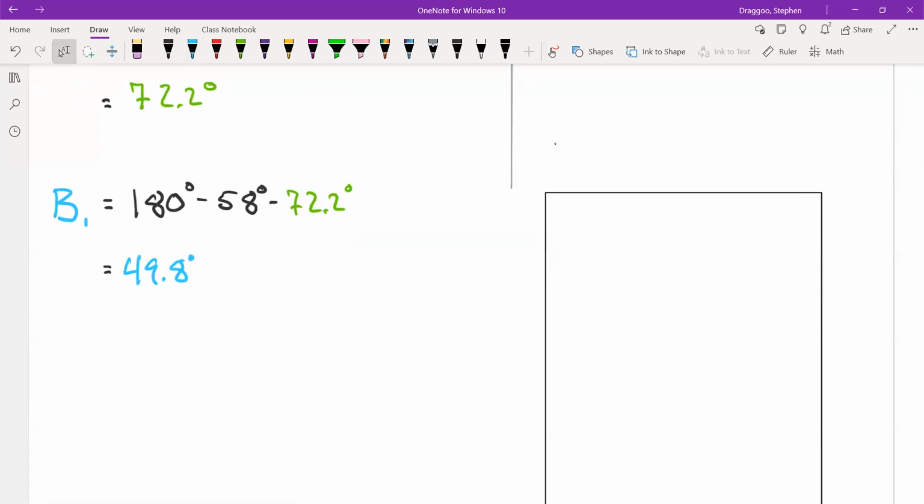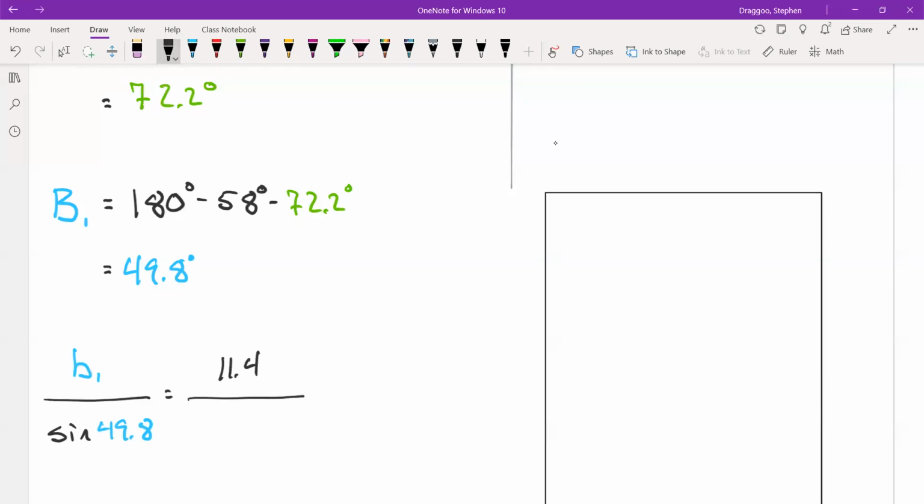Now that I've got that angle, I'll solve for its corresponding side. B1 divided by the sine of 49.8 is equal to 11.4 over sine of 58.